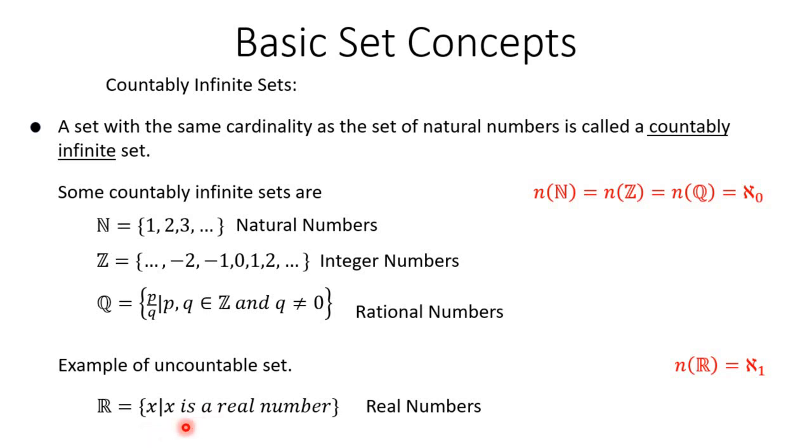The real numbers is not the same cardinality as the set of natural numbers. The set of real numbers, the set of numbers on the number line, actually has a cardinality of Aleph 1. So these three sets all have cardinality Aleph null. They're called countably infinite. This set, the set of real numbers, is uncountably infinite. You can't count the real numbers.